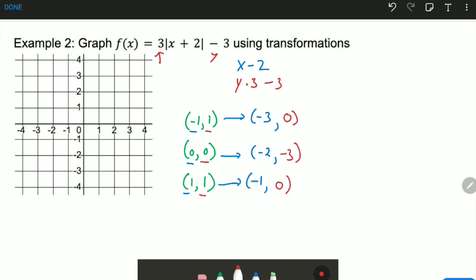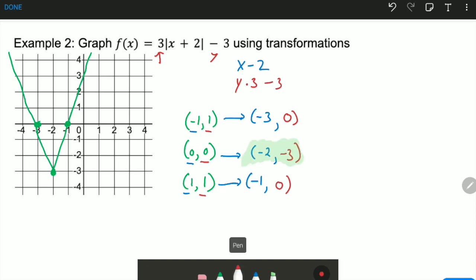So these are our 3 new points that we'll use to help us graph: negative 3, 0; negative 2, negative 3; and negative 1, 0. We'll draw the shape in. There we go.